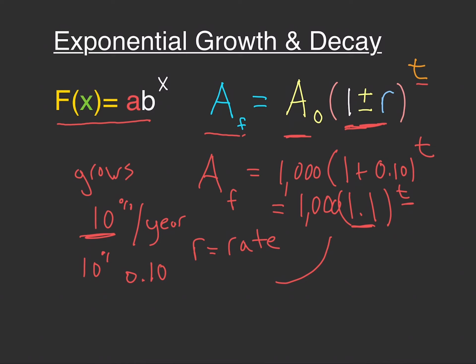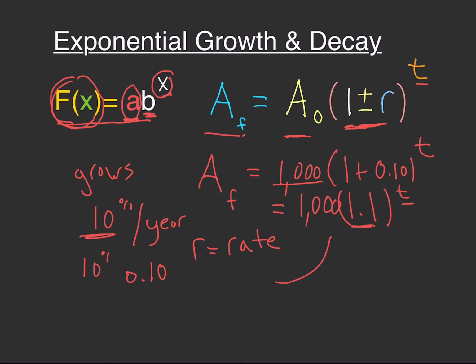But the basic format here is we get a final amount, we start with a number, and that is times some rate that is to an exponent. And this can change because we're going to graph it, and we get a different result. So every model I give you is going to have a certain number for A, like the $1,000 here, and then the B will be either the growth or decay rate.